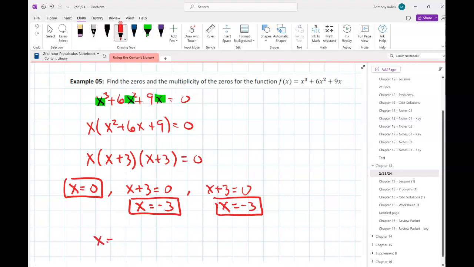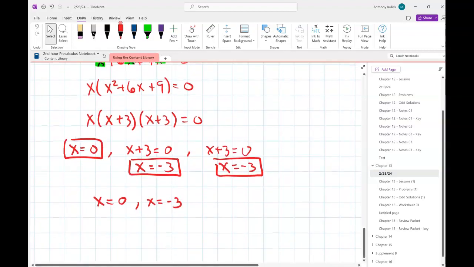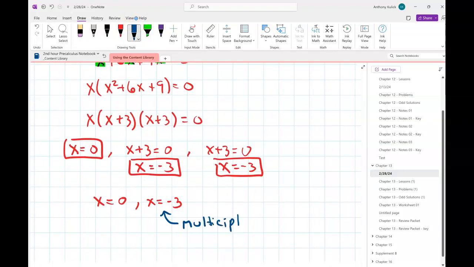I have x equals 0 and x equals negative 3. But this solution x equals negative 3 occurs twice. So we say that that one has what's called a multiplicity of 2, since that solution occurs 2 times, if it asks you to. If not, you don't need to.